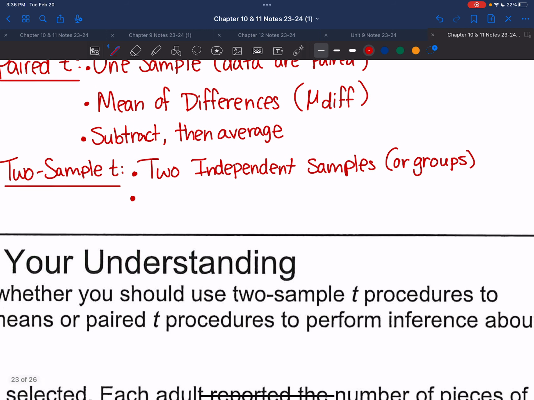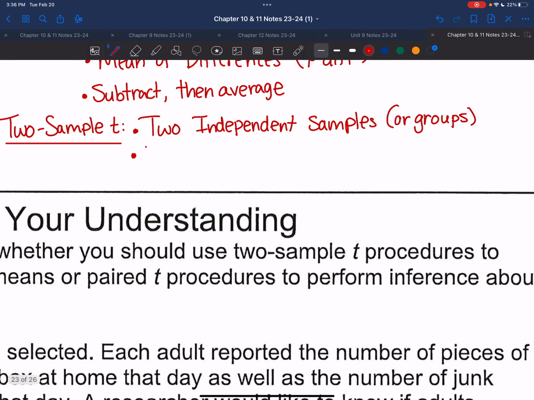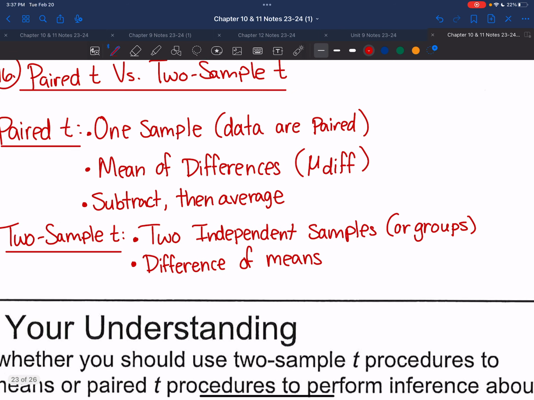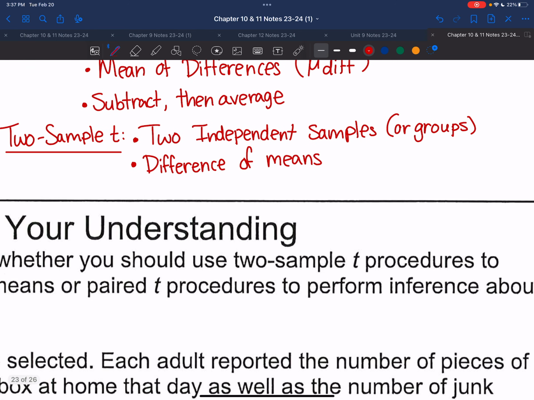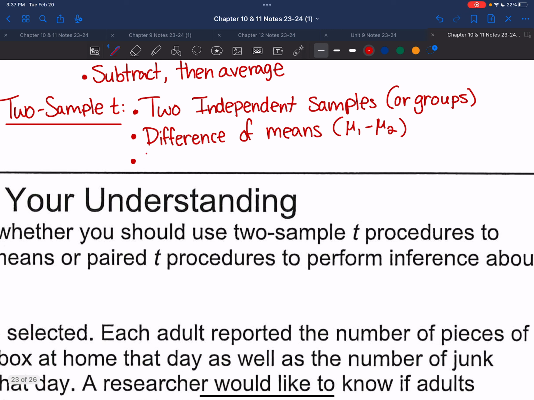All right. Something else. It's typically a difference of means. One is a mean of differences. The other is a difference of means. So in this one, you would be doing, say, mu sub 1 minus mu sub 2. And then the last thing, you typically average, then subtract.